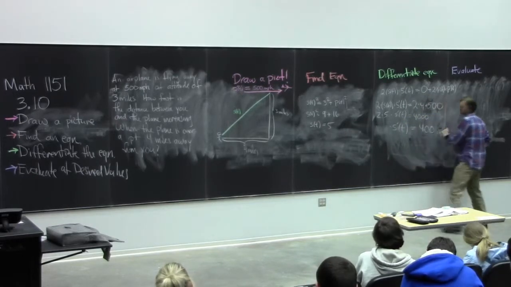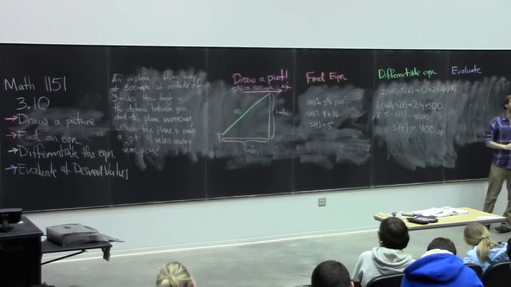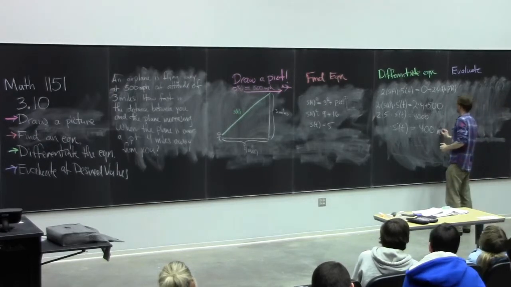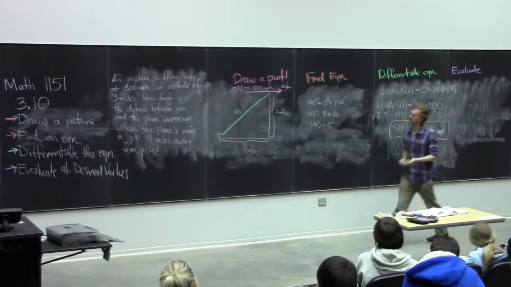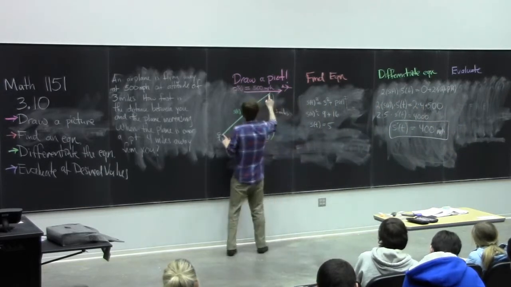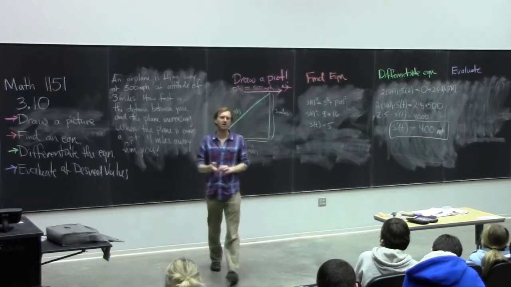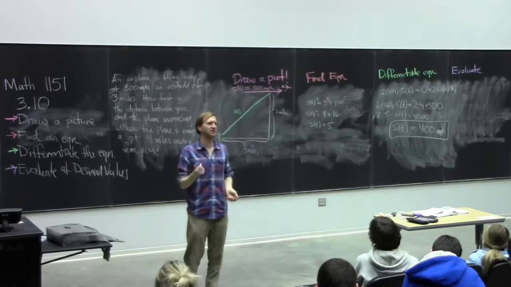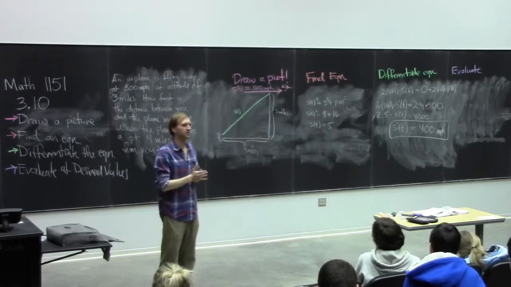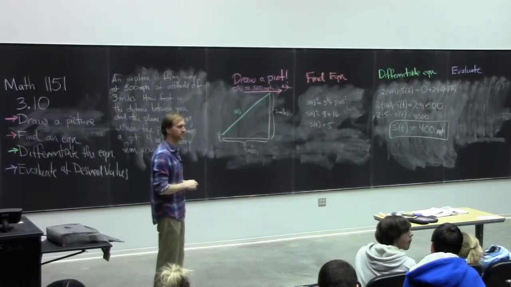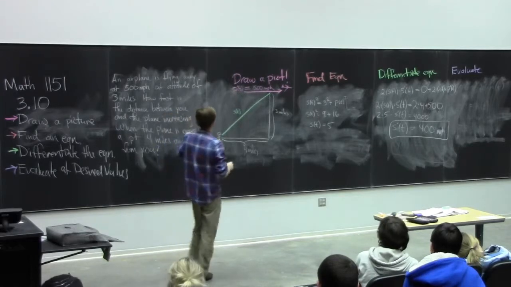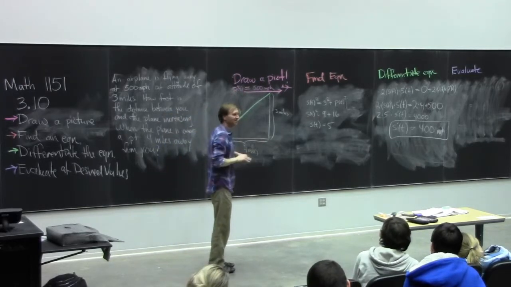And what are the units on this thing here? Miles per hour. And does that make any sense why this should be changing at 400 miles per hour? Can anybody give me some indication why that might be right? Yeah? Because that 500 is the same as like 400 below.